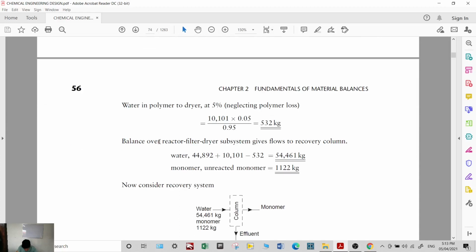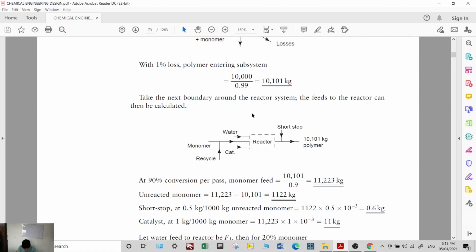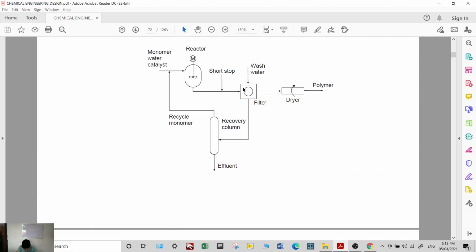Balance over reactor filter dryer subsystem gives flows to recovery column. Kaysa imong recovery column, diba nagbutang kag water diri 44,000. Filter man na nimo.